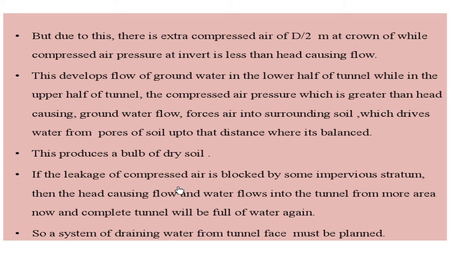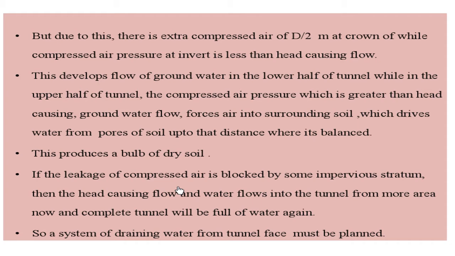Water may enter. If the leakage of compressed air is blocked by some impervious stratum, then the head causing flow increases, and water flows into the tunnel from a larger area, and the complete tunnel will be full of water again. So what is being said now? You are providing compressed air opposite to the direction of the water entry. Now if by some reason the compressed air is blocked by some impervious strata, then what will happen?